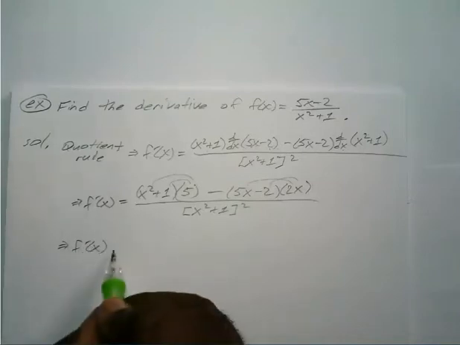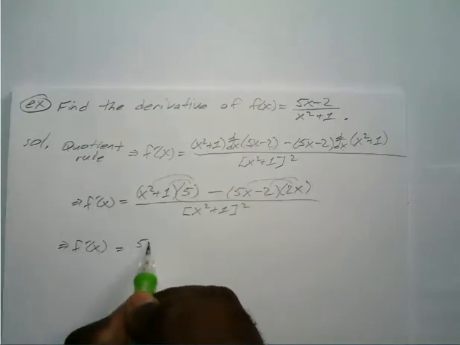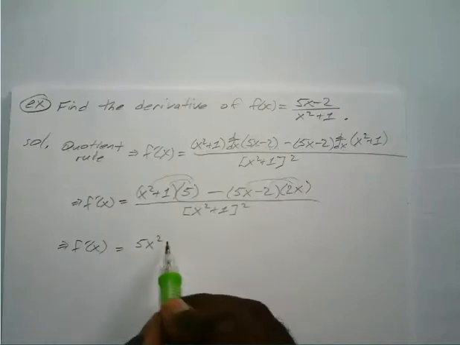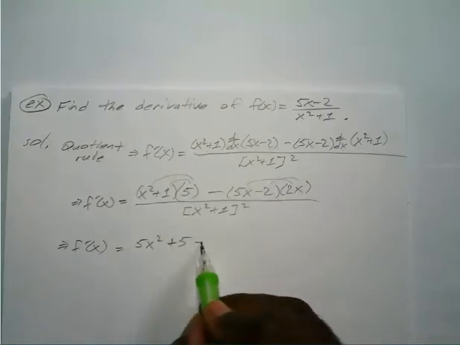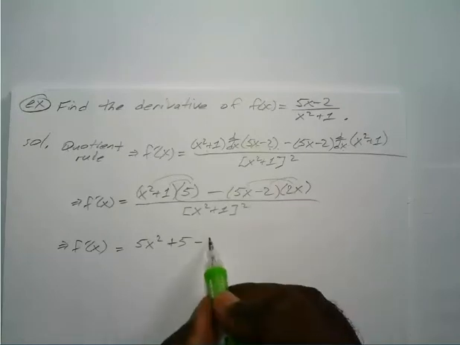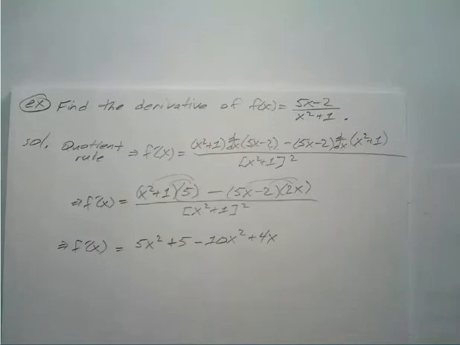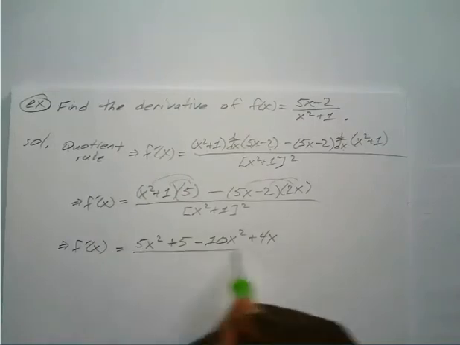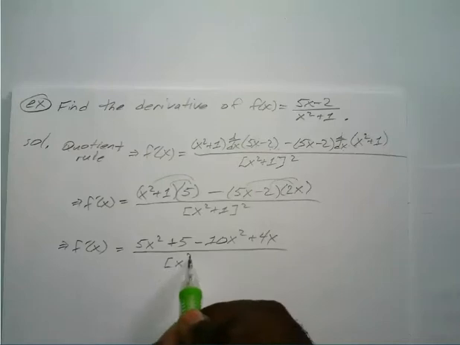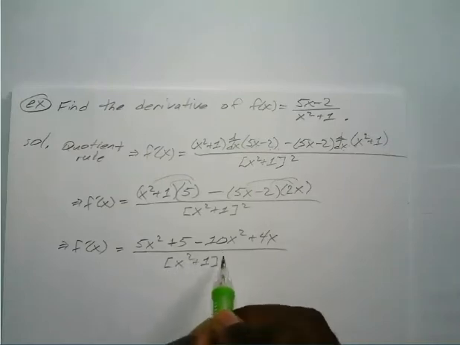So f prime of x is going to equal 5x squared plus 5 minus 10x squared plus 4x, all over x squared plus 1 squared.